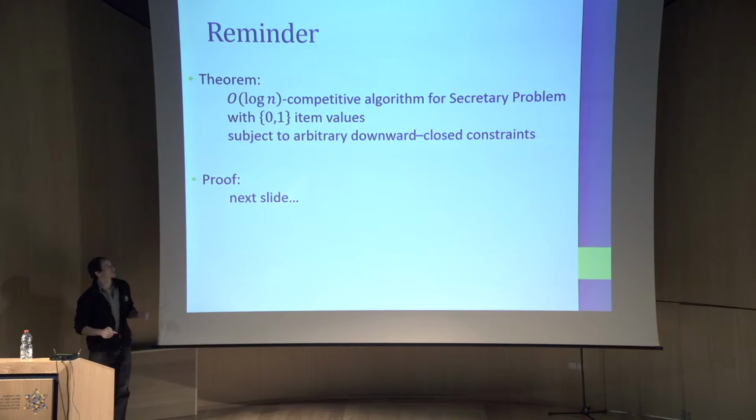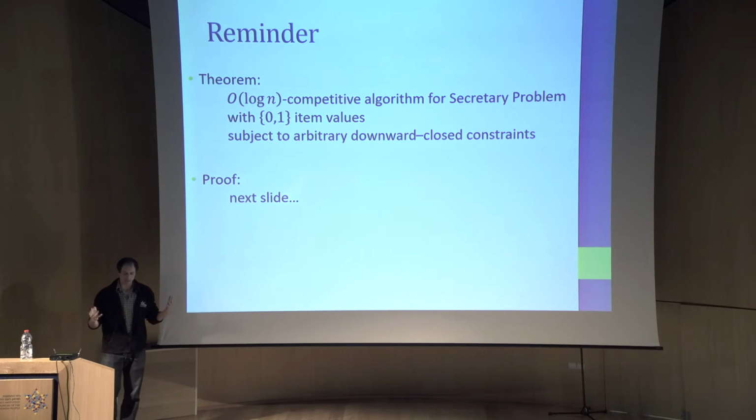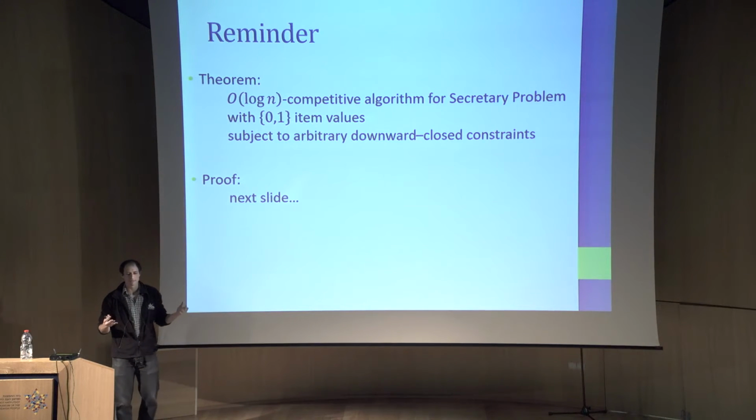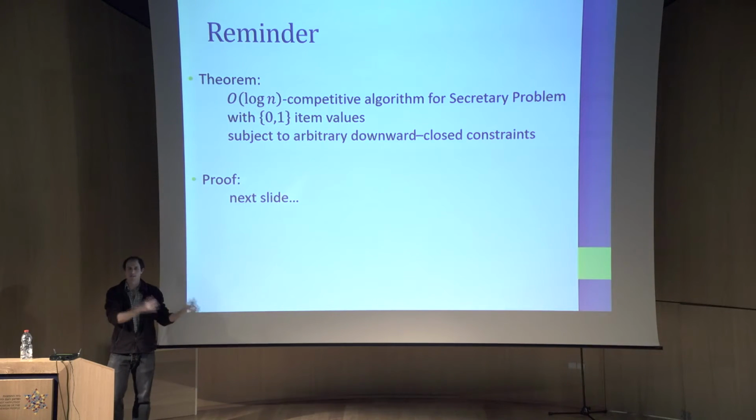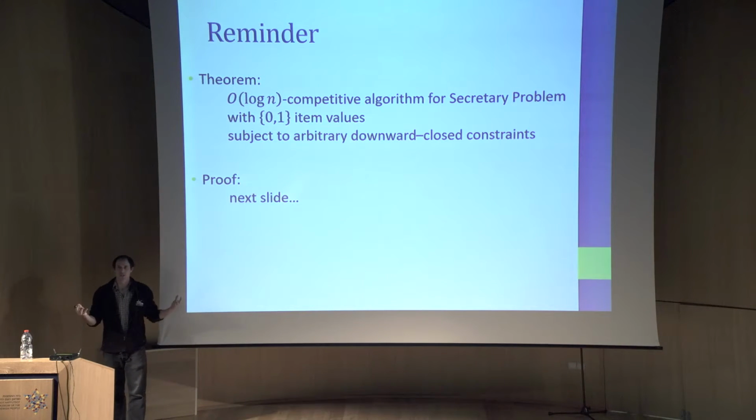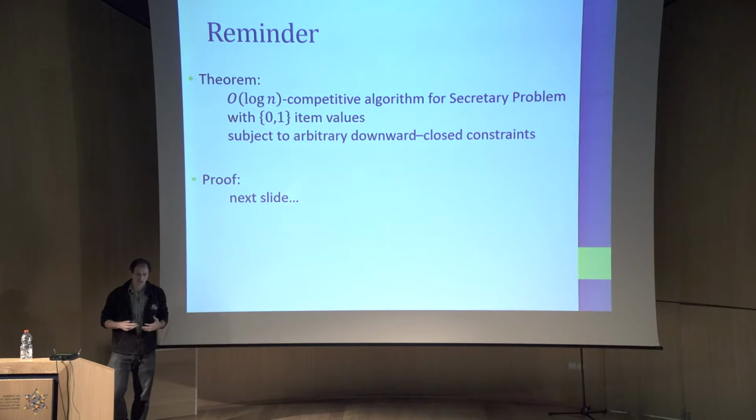Ready for the proof? Okay, so before I show you the proof, let me give you one piece of intuition. When the secretary arrives, if it's 0, you can ignore him. If he's a 1 secretary, you want to know if he's a good secretary or a bad secretary. And good or bad means how well the secretary interacts with the other secretaries.